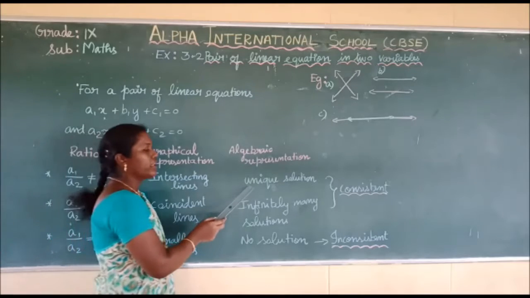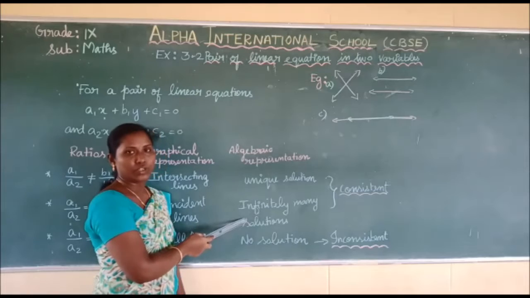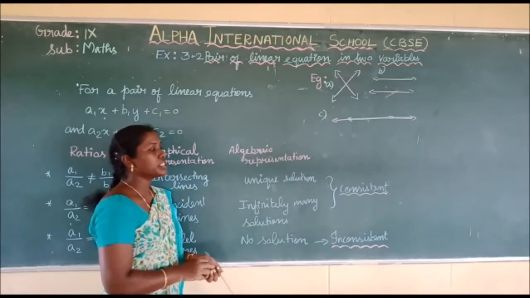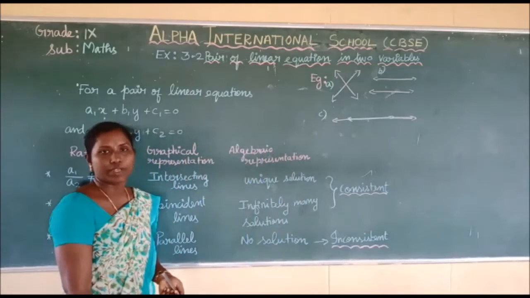Now, see. If the pair of linear equations has a unique solution or infinitely many solutions, I can get some solution for the pair of linear equations. Such equations are called a consistent pair of linear equations.